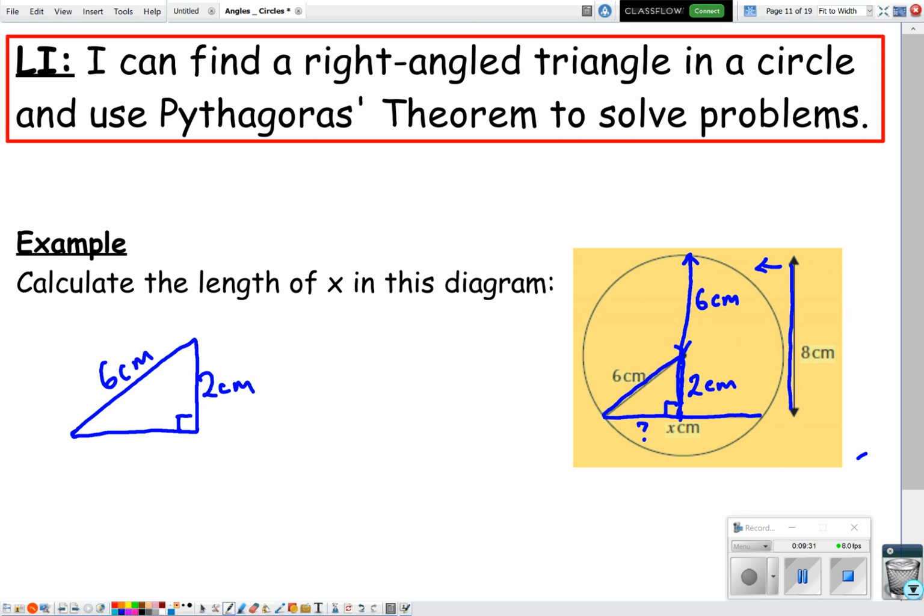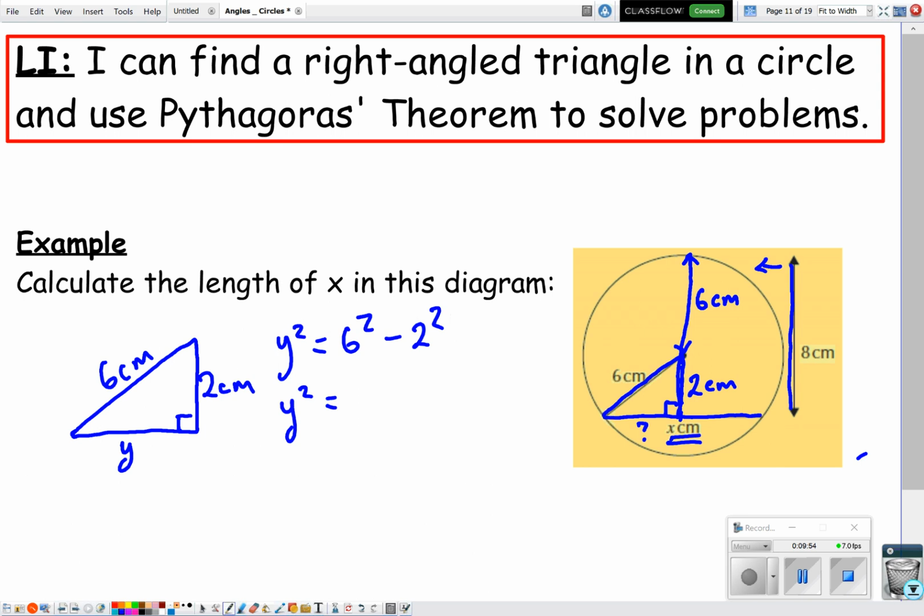Now, to save some confusion, it's x that's in the diagram there, but I'm not finding x right now, I'm only finding half of x, so I'm just going to call that y, so that there's not any confusion over the x's, okay? So y squared, we're finding a short side, so that's 6 squared, take away 2 squared.